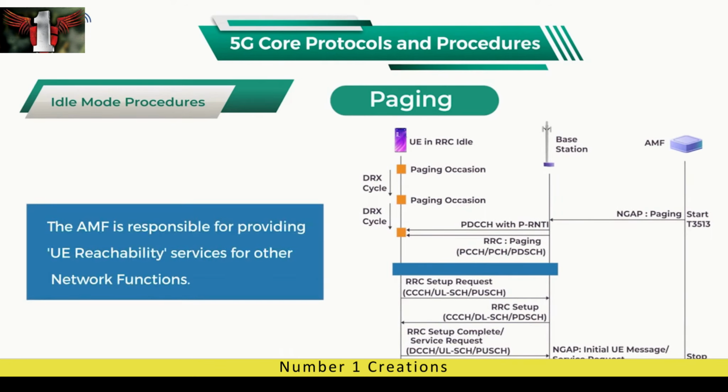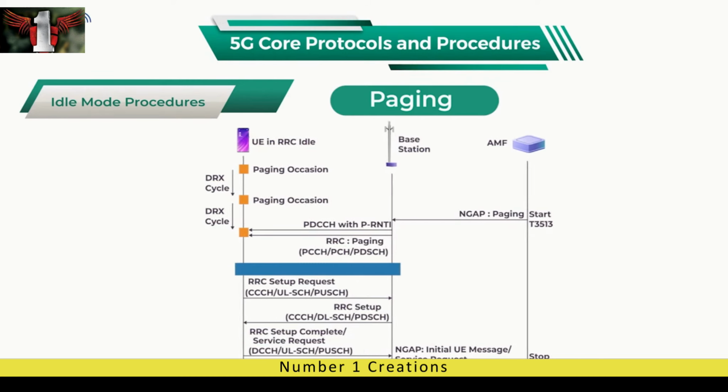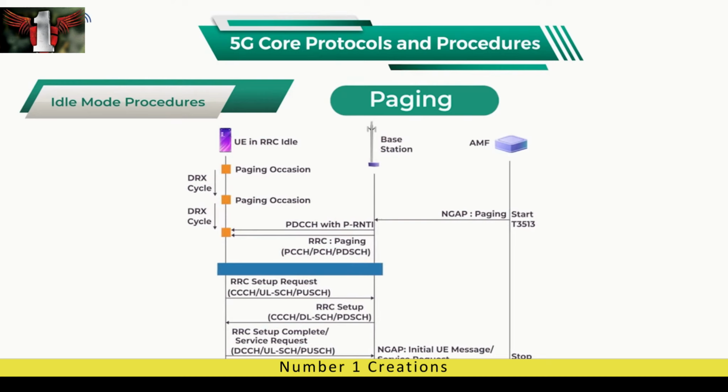The AMF is responsible for providing UE reachability services for other network functions. For example, an SMS function, SMSF, may have received an SMS addressed to a UE which is registered with the AMF. In that case, the SMSF requests the AMF to initiate the paging procedure before forwarding the message for delivery.